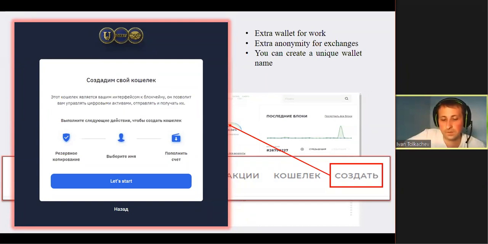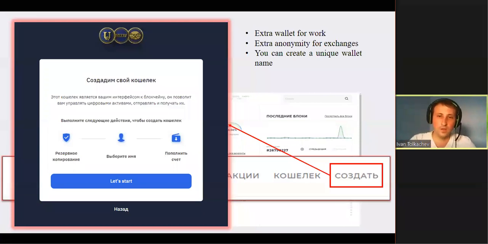As you know, one of the characteristics of blockchain is its anonymity, but it is conditional. If you go to this section on blockchain accounts, you will see different accounts without knowing who they belong to. But if you want to transfer your tokens, you may share your address with this person, and then this person will already know that this address is yours. And therefore, it is recommended to have at least 2 wallets.